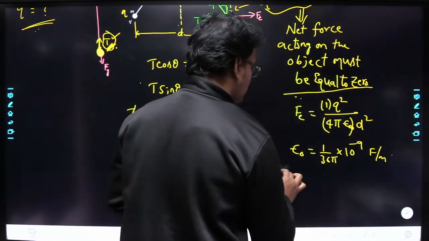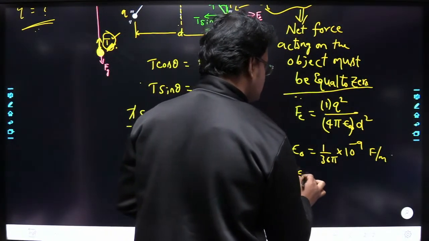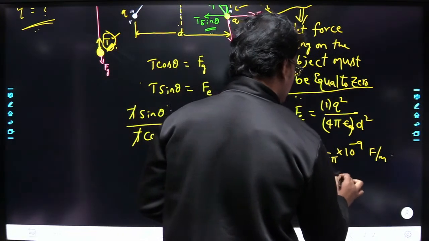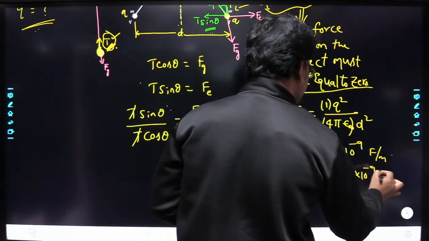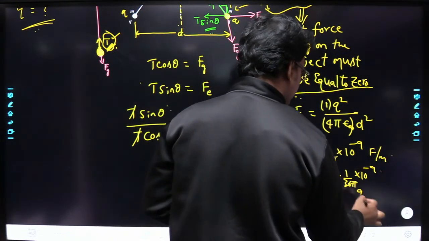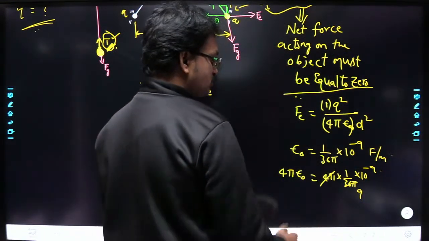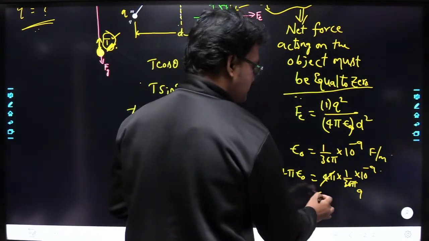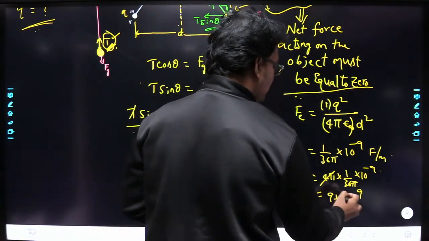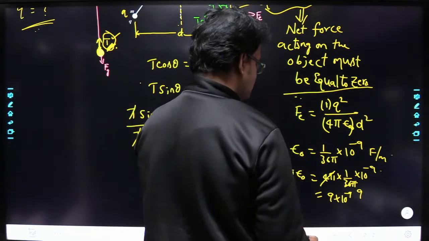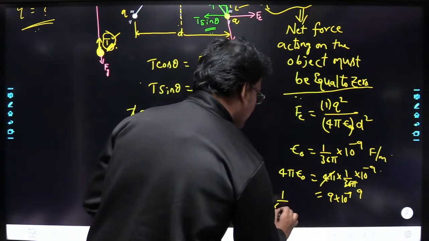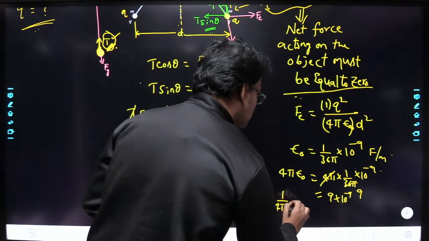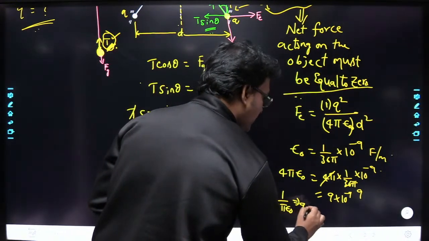So 4 pi epsilon naught is equal to 4 pi into 1 by 36 pi into 10 to the power of minus 9. So 4 pi cancels with 4 pi, leaving 9. So 4 pi epsilon naught value is 9 into 10 power minus 9. So what is the value of 1 by 4 pi epsilon naught?